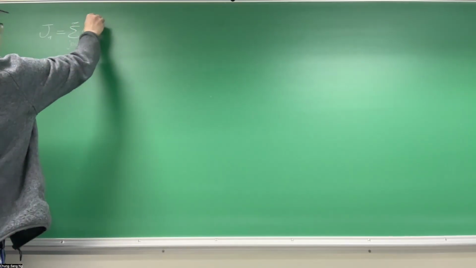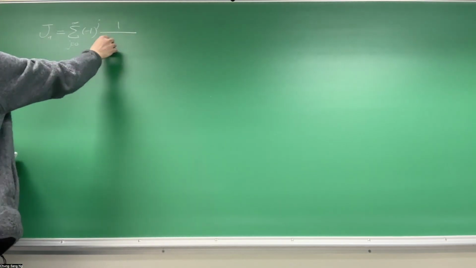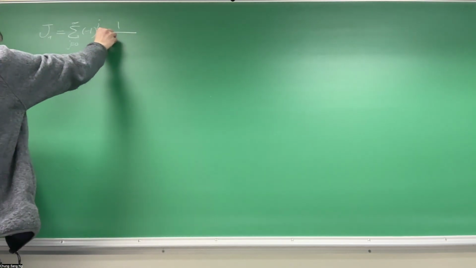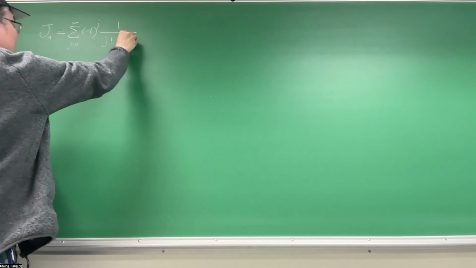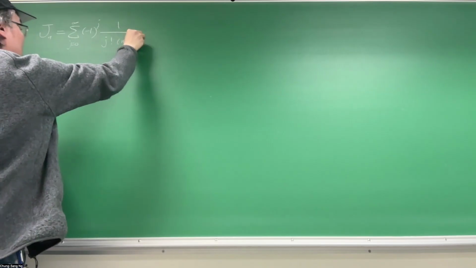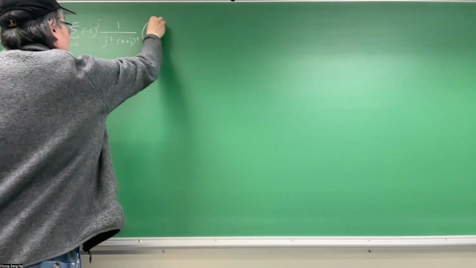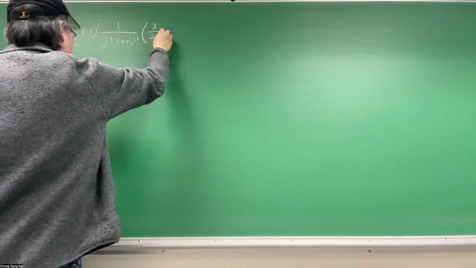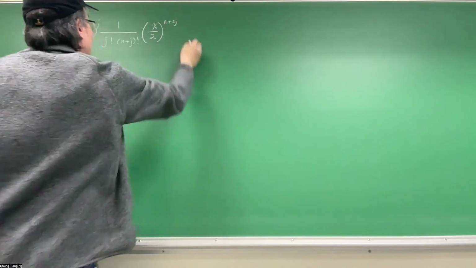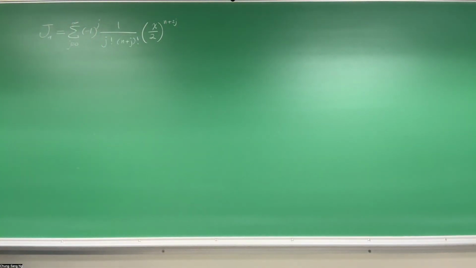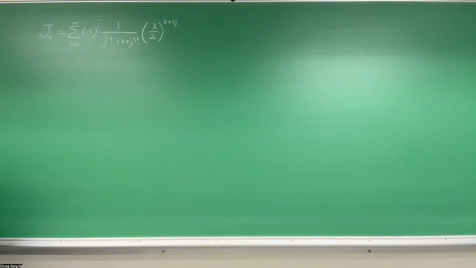Last time we finally got it after some struggle: the sum over j of (-1)^j over j factorial, n plus j factorial, times x over 2 to the power n plus 2j.